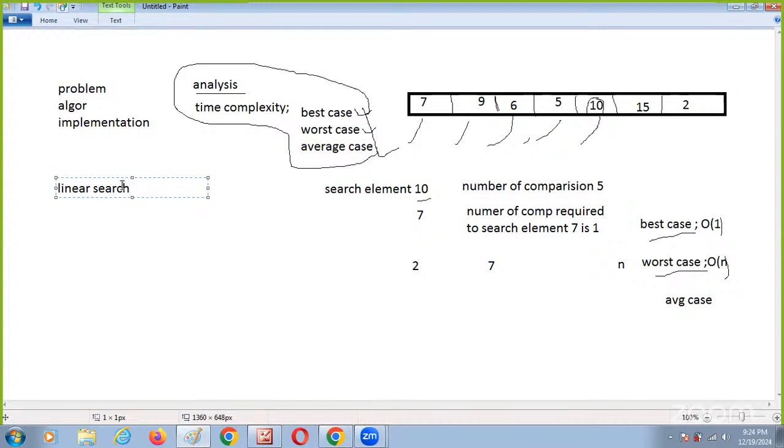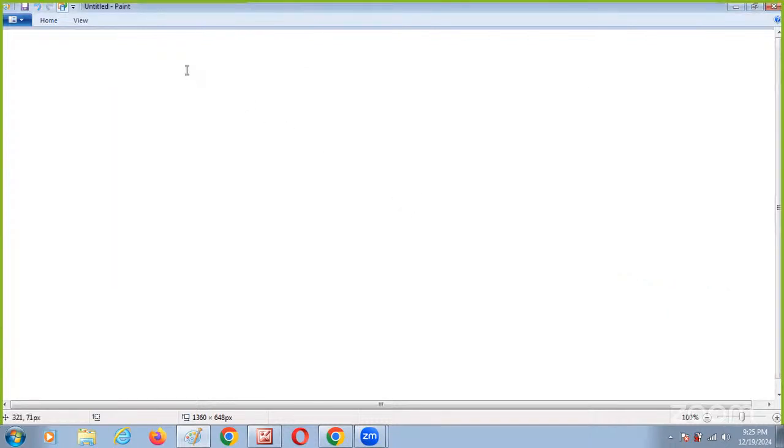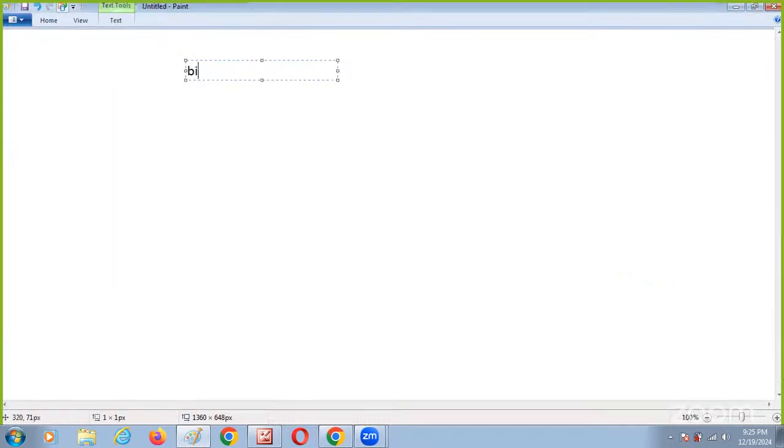Suppose I want to do a binary search. Let me explain binary search.